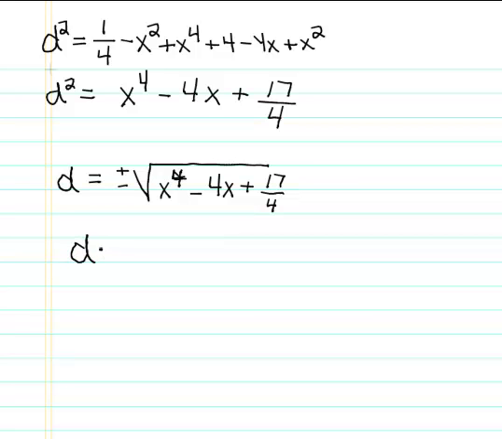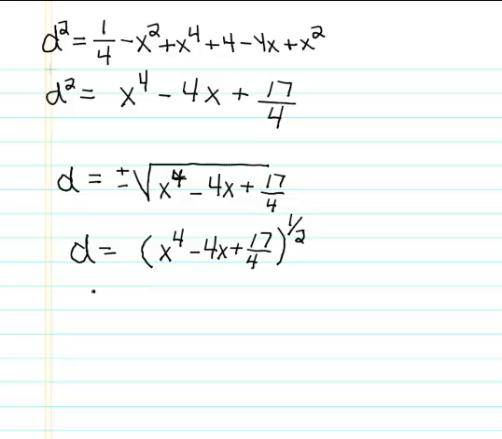Before we do that though, I'm going to make this a little bit simpler. Instead of saying the square root of all that, I'm going to say x to the fourth minus 4x plus 17 over 4, the whole thing to the 1/2 power, which is the same as taking the square root.